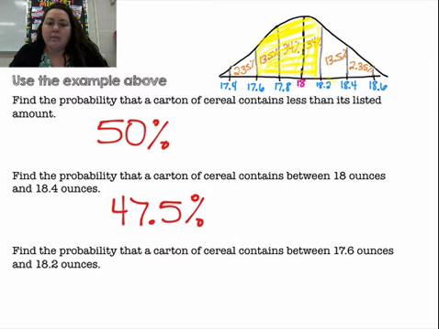That's 68% plus 13.5. Or it's 95% of the data; if you divided that in half, that'd give you the 13.5, and then you added back the 68, or added in the 34. You have several options on how you could solve for it. I would suggest you draw the model out, highlight it, and then break it into its pieces and add them together. So 81.5%.